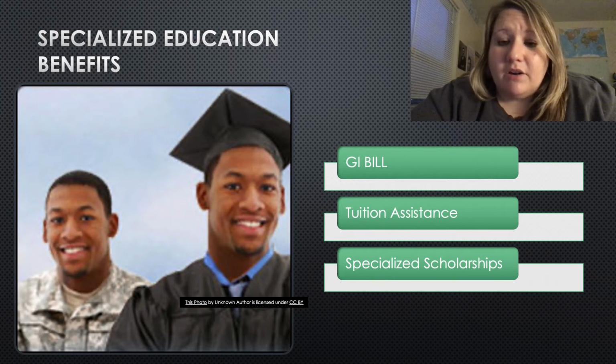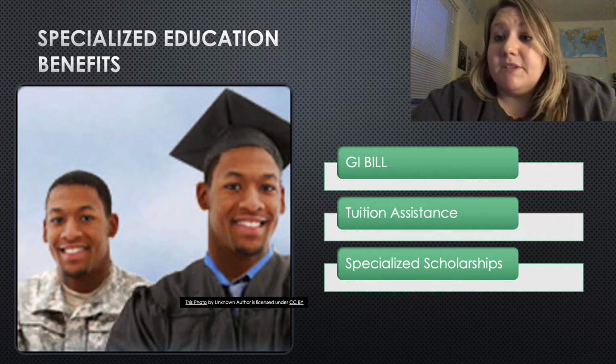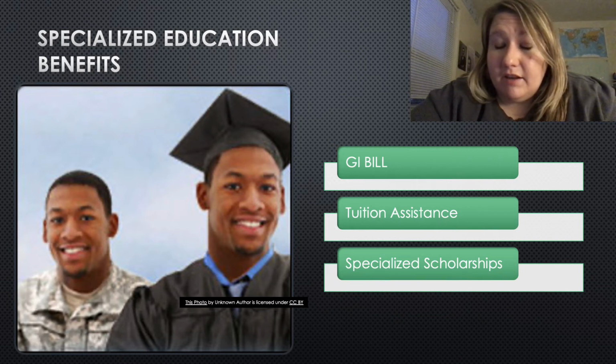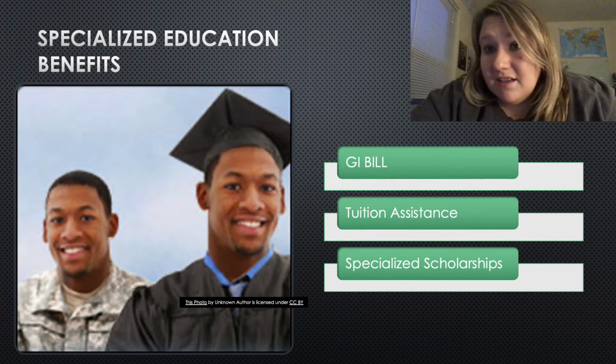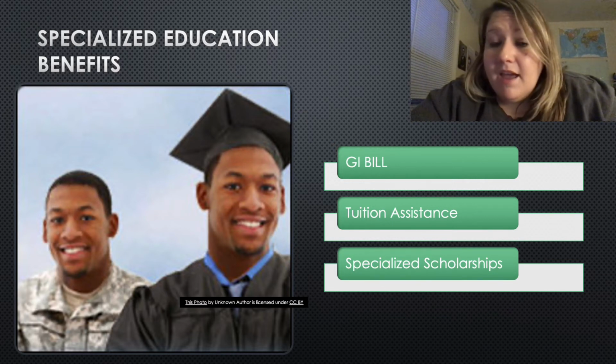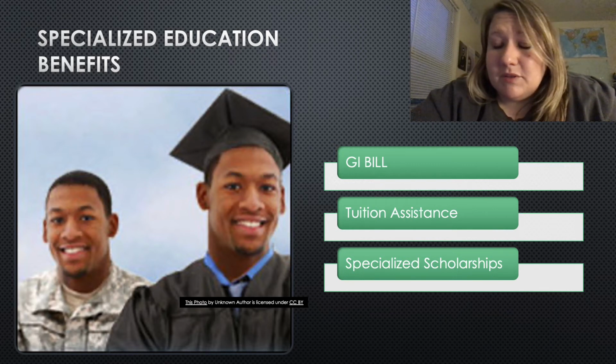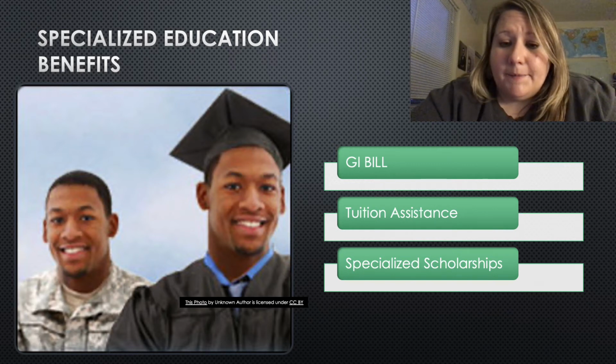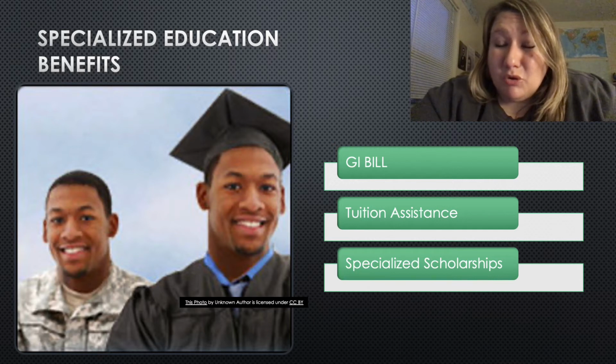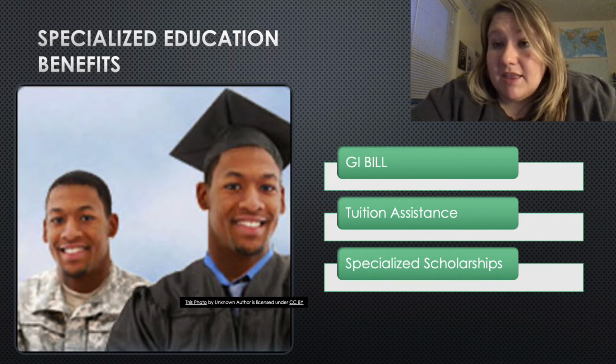And so this requires a lot of knowledge from somebody within the staff of an institution to know how to process this and to answer a lot of questions, because you have spouses and children coming saying, hey, I want to use this benefit, and they may not have any idea if they're eligible or can do so. So it is really important that these students are able to use their education benefits in that institution, and that the institution provides the means necessary so that they can use them there.